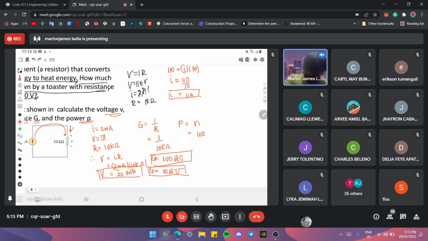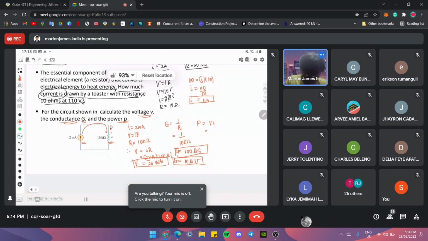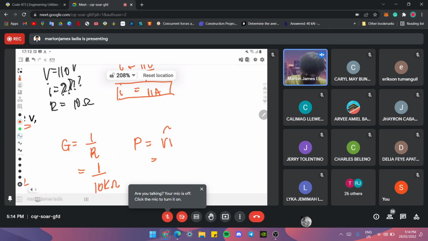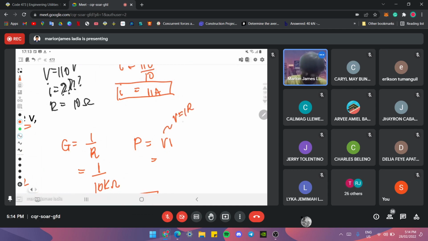So therefore, yung meron sa atin is isang resistance at isang current, walang voltahe. But this was solved as 20 volts. So gawin ko, V is equal to my IR.